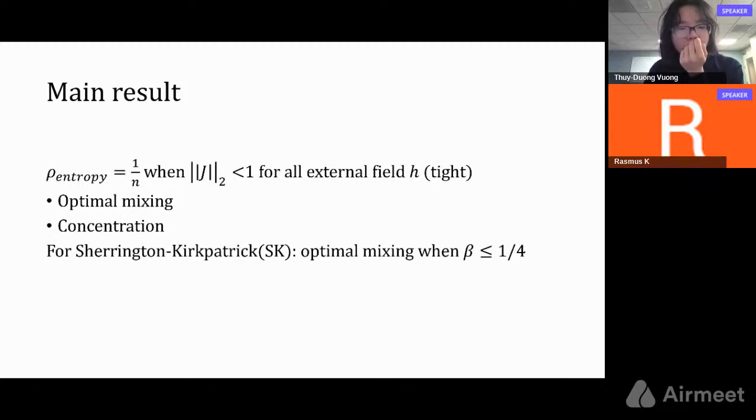We establish this for all external fields H, and this result is actually tight. The condition that J is less than 1 is tight, because there is an example where the spectral norm of J is exactly 1, and then you no longer have fast mixing.